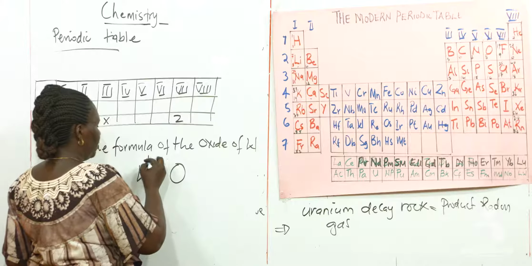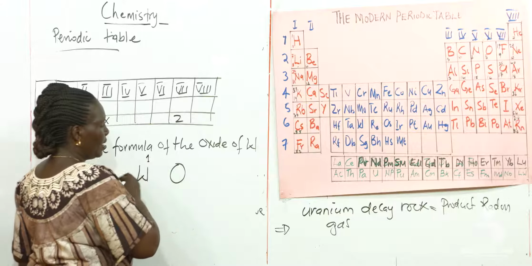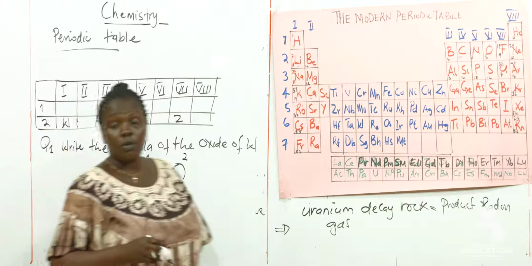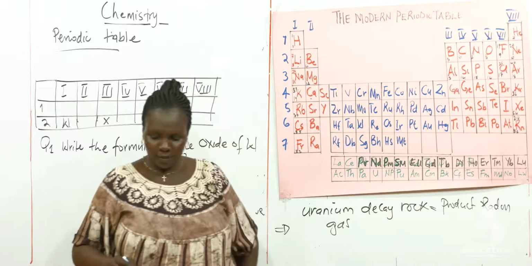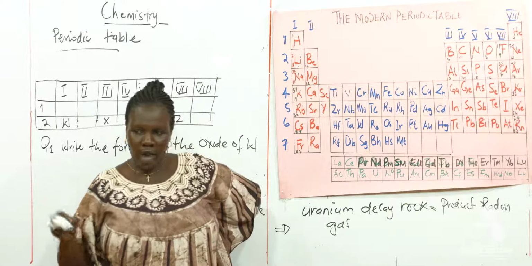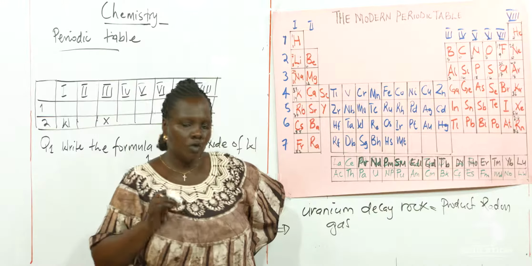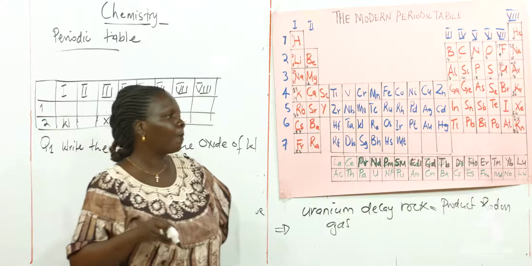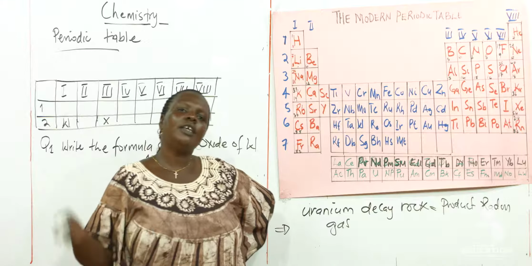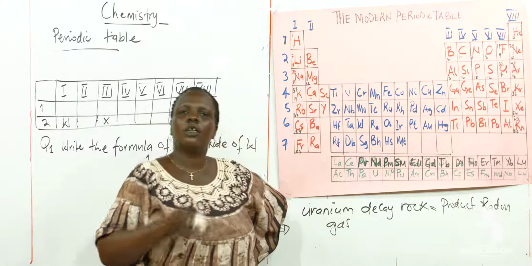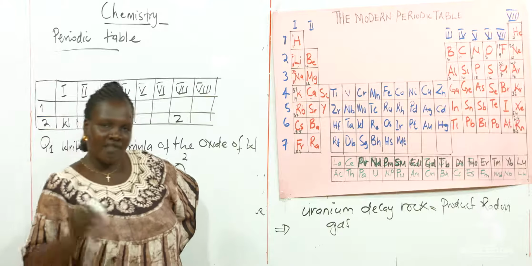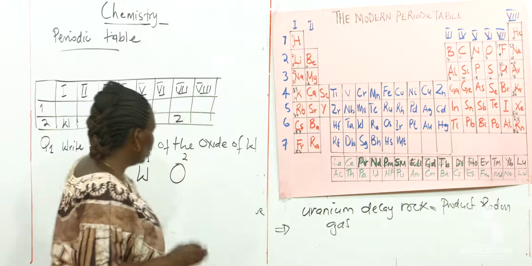W has got the valency of 1, and oxygen has got the valency of 2, because valency is defined as the number of electrons gained, shared, or lost. Oxygen is in group 6. It has 6 electrons in its outermost shell, and it needs 2 electrons to attain the noble gas configuration, which means the valency of oxygen will be 2.